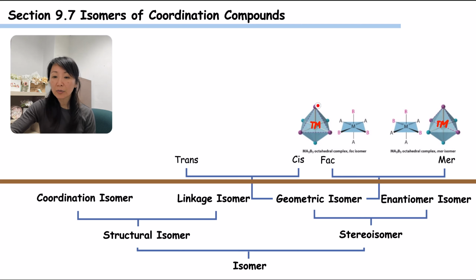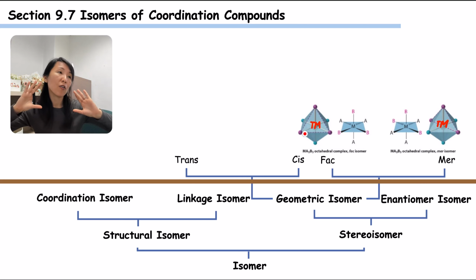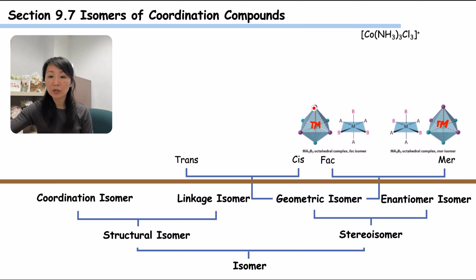And these little round purple and teal spherical circles represent the ligands. This one particular ligand, the purple one, is all in this one area.